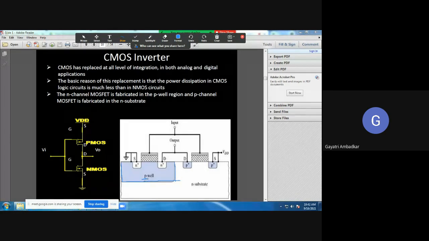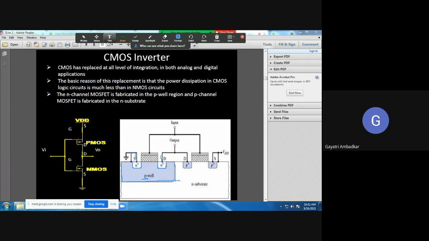In that P substrate, we have doped two regions with N-type semiconductor, highly doped. N plus indicates highly doped. So in that P-type substrate, there were two N regions formed, and it was the source and drain terminal. So this was the source terminal and this was the drain terminal.